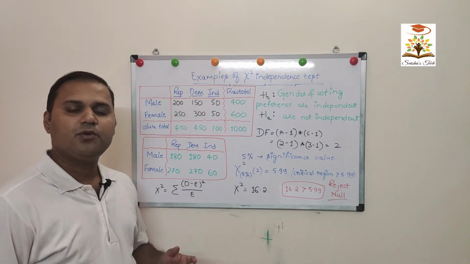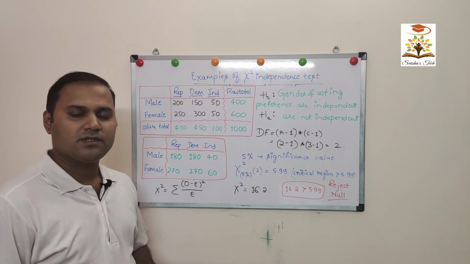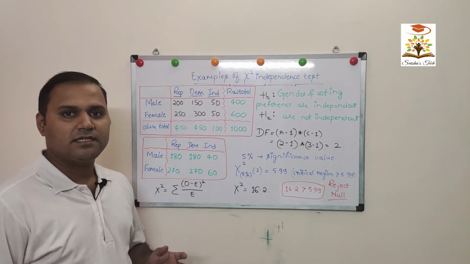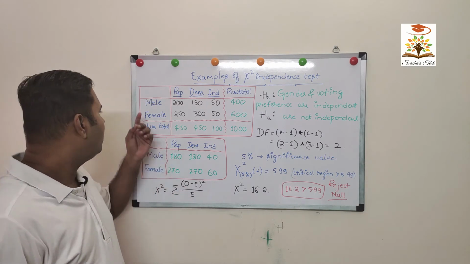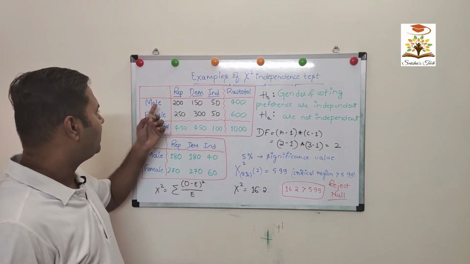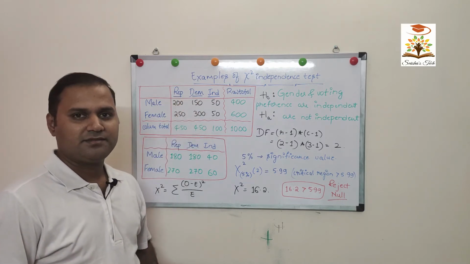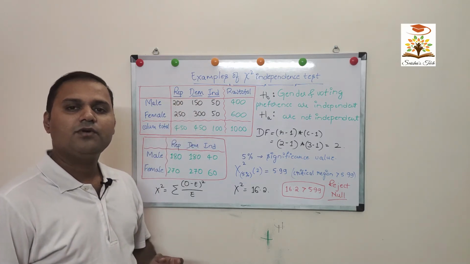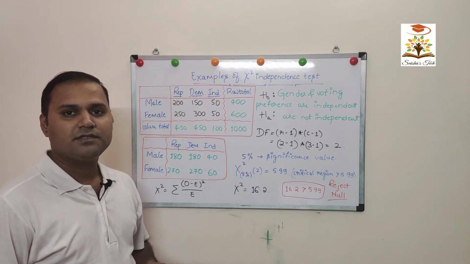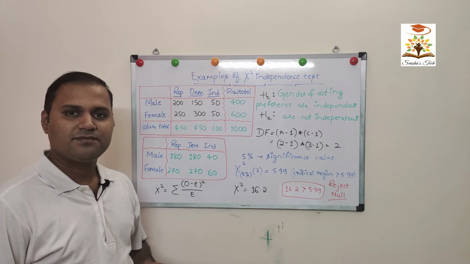A public opinion poll data was collected for 1000 voters for different genders, that is male and female, and for different parties, that is Republican, Democratic and Independent. Now we want to analyze whether there is a relationship between gender and the voting preferences for the parties.